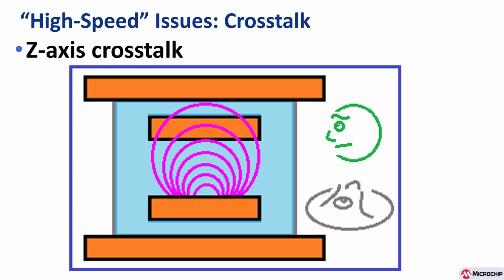Now, if we route these orthogonally, then it is much less likely that we'll have any significant crosstalk because the time domain of an orthogonal intersection is very, very tiny. Again, it depends. It's relative. High speed is relative, and the length of that coupling is relative.